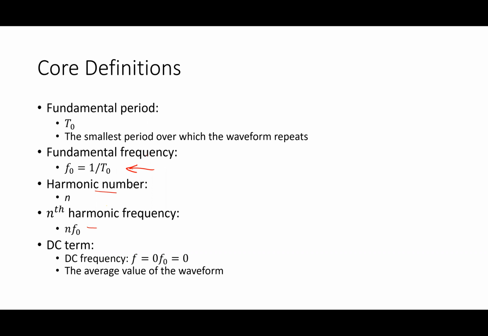It just so happens that sine is defined that way. Then there's harmonic number n, and the harmonic frequency is n times the fundamental. And then there's the DC term, which we've talked about a couple of times now. It's basically the average value of the waveform. We're going to talk more about that again today.